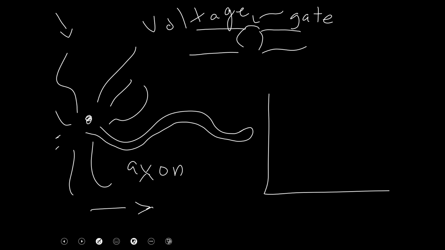I'm writing this, class, with a Y as in voltage, V-O, voltage. And voltage, class, is measured in millivolts. And I'll put negative 70 here, and an approximate 0 here, and a positive 30 here.